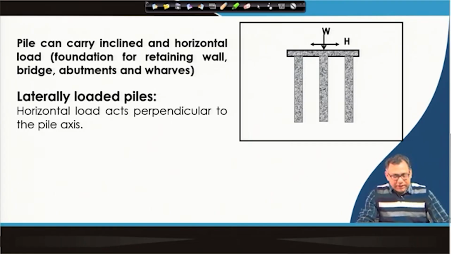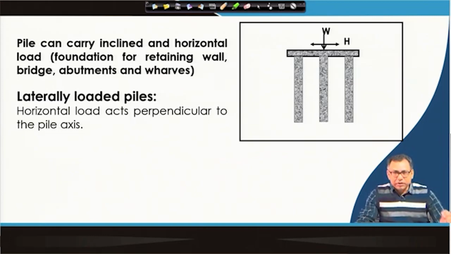So, that means pile can carry the inclined load also, horizontal load. For example, the foundation for retaining wall, where the lateral load or the horizontal load will come on the foundation. Then bridge abutments, and if there is a wave which is coming to the structure, then those types of structure will be subjected to horizontal load.